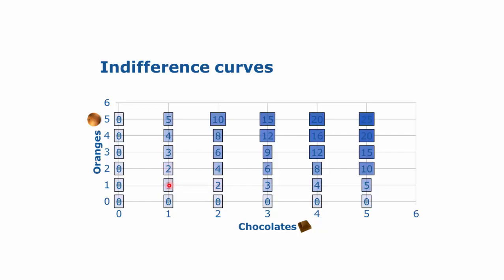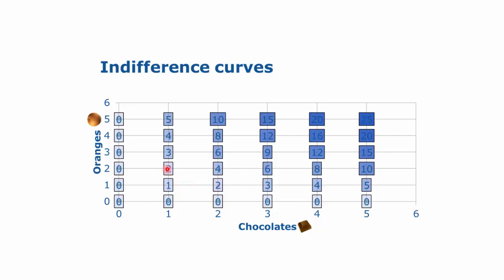Now I've gone through the process of carefully evaluating how much utility each different bundle present in this space generates for me. And when I'm looking at those utilities, what do I notice? Well, I notice that there are different bundles that generate the exact same levels of utility.